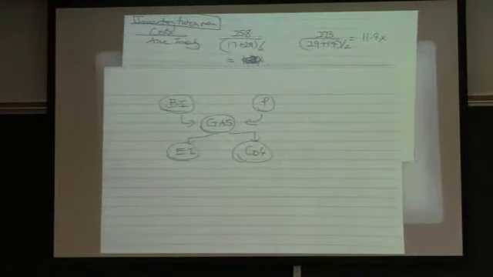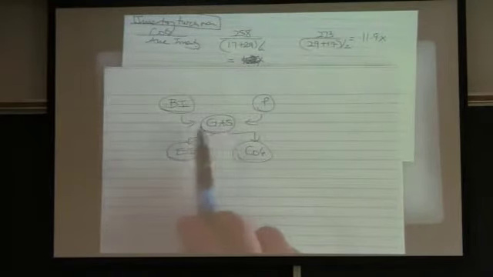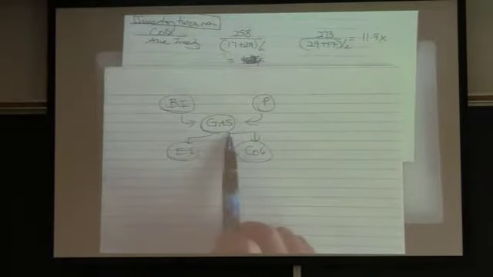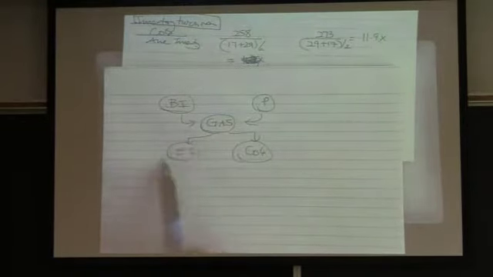This diagram reflects the relationship. Beginning inventory plus purchases gives you goods available for sale, GAS. And we know that goods available for sale, some will be in ending inventory and the rest will go to cost of goods sold.